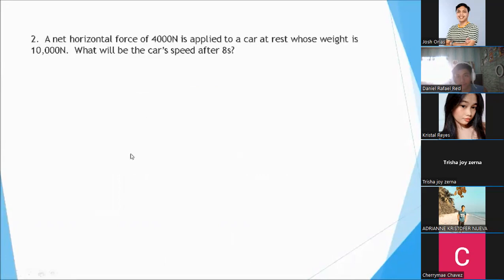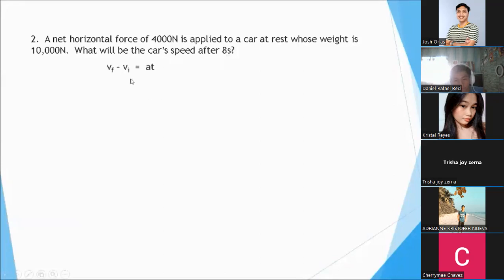A net horizontal force of 4,000 newtons is applied to a car at rest whose weight is 10,000 newtons. What will be the car's speed after 8 seconds? Very clearly, the problem is asking for the final velocity of the car after moving from rest after 8 seconds.